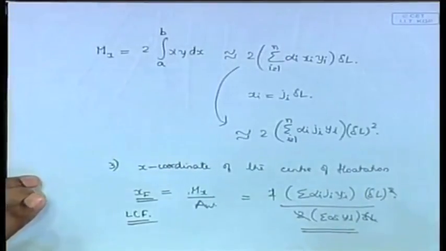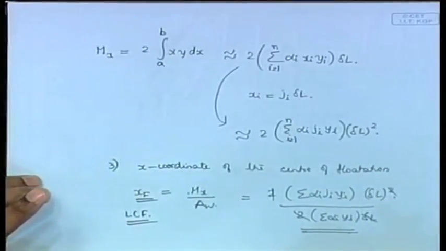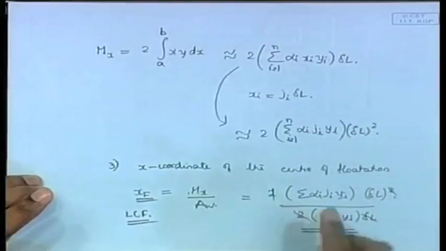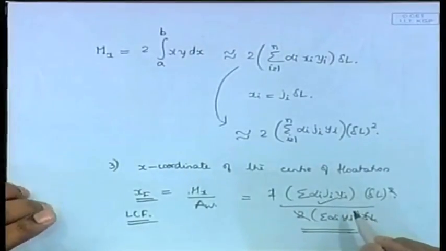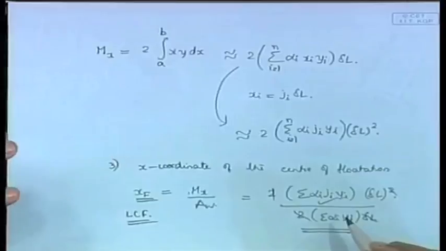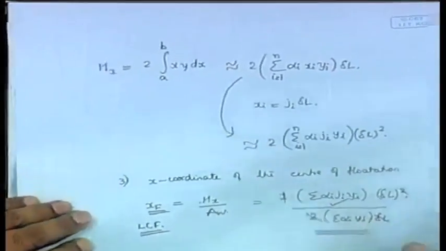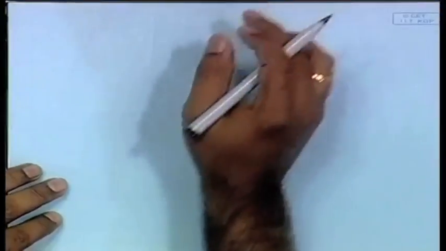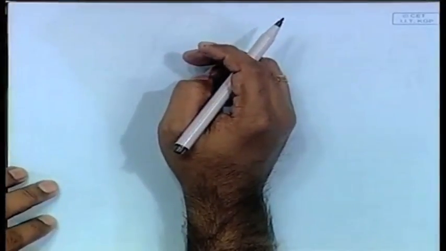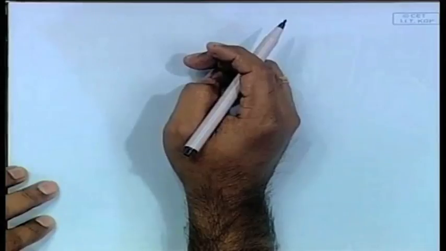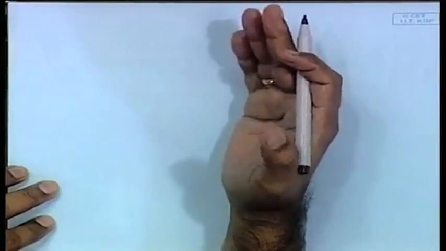Okay, so this is one summation, summation of one column in a table, which I will draw, then it will be clear. So, this is the expression for x f, and that is what the notation is, that x f is always called as longitudinal center of flotation. So, remember that.